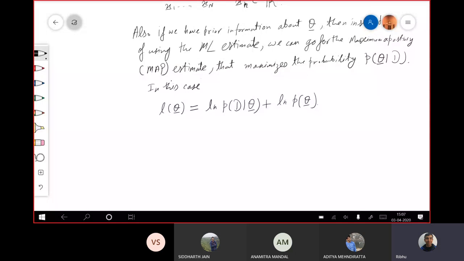So this is a likelihood function that we'll have to maximize, and the procedure will be similar.